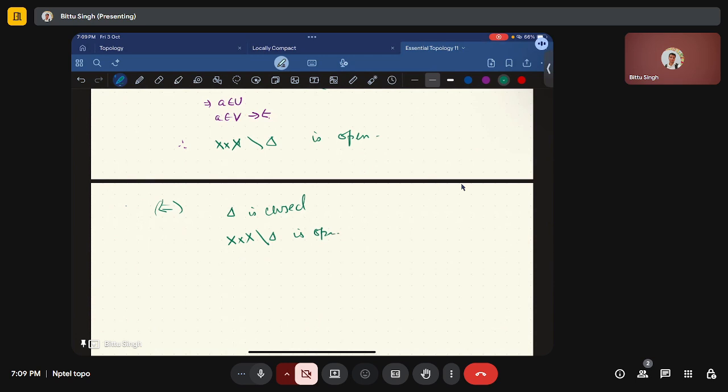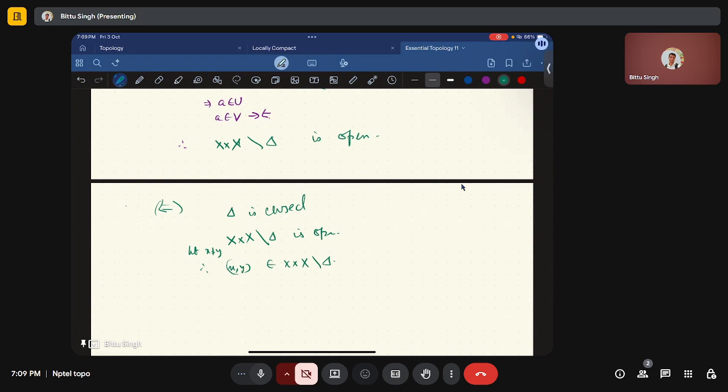That means for any point (x, y) belonging to X cross X minus delta, so if we let x not equal to y, then (x, y) belongs to this, right?